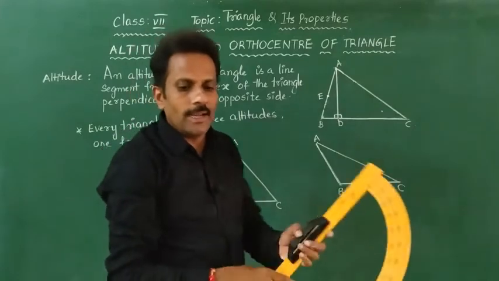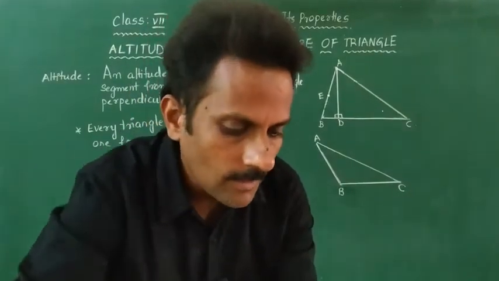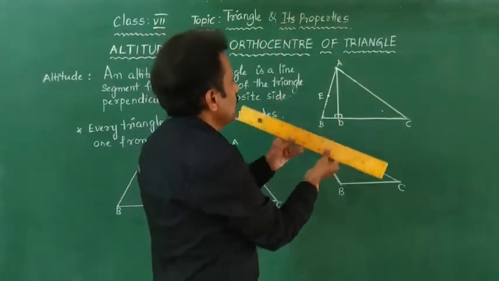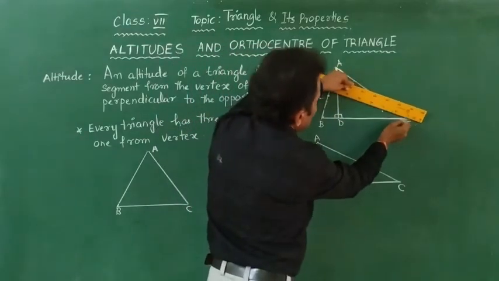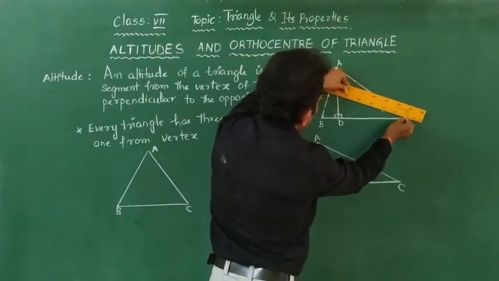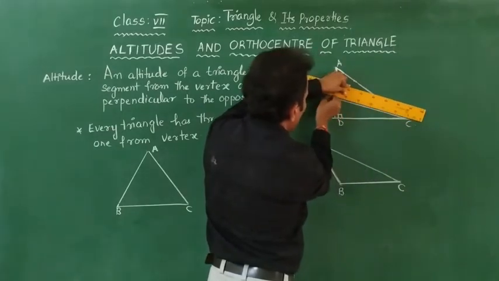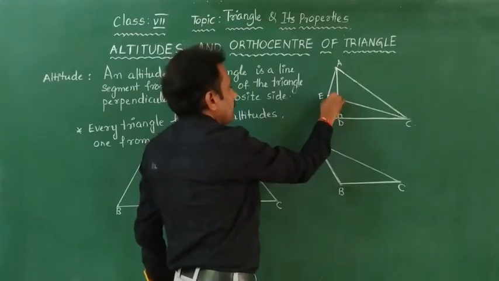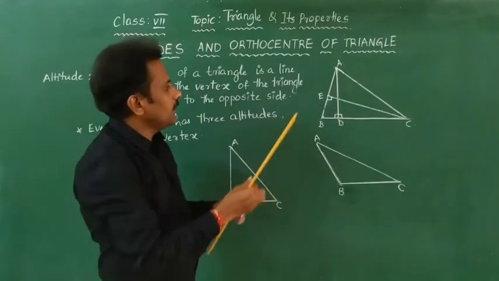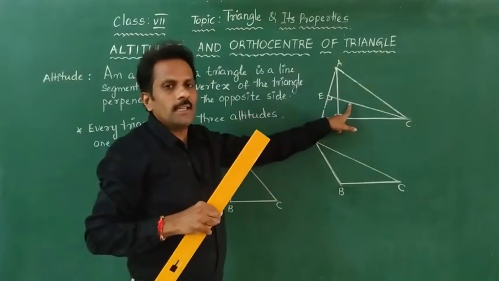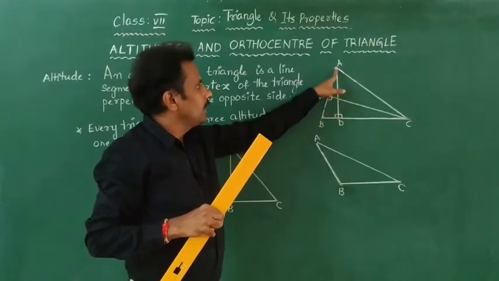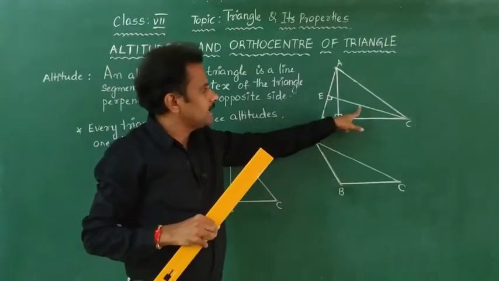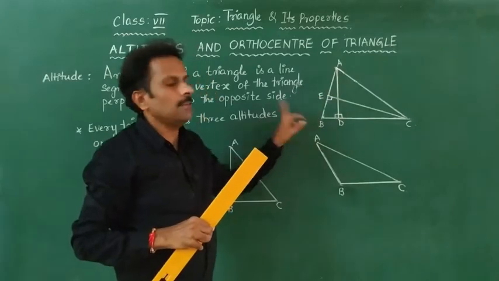Now if you draw the line segment from vertex C to join CE, whatever CE we drawn, that is the altitude of AB. So here just now we have seen it is making 90 degrees with the AB side. The line segment is making 90 degrees with the AB side.